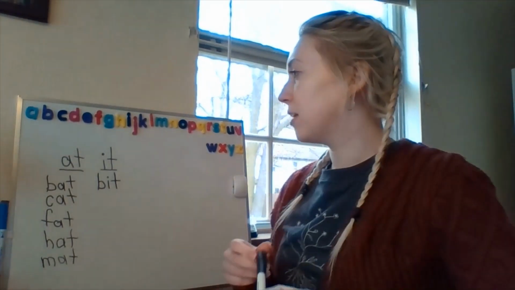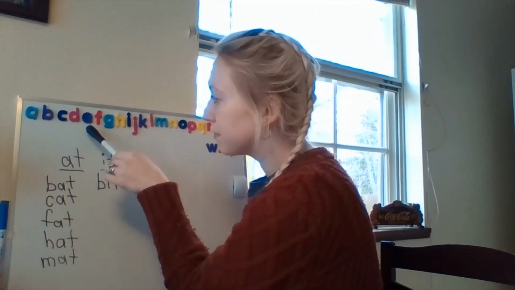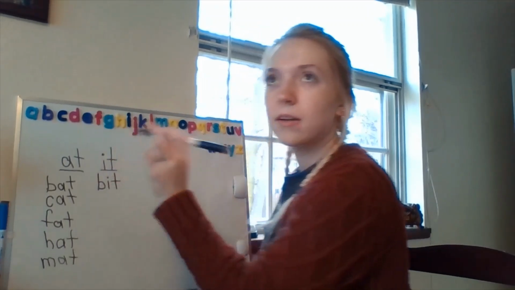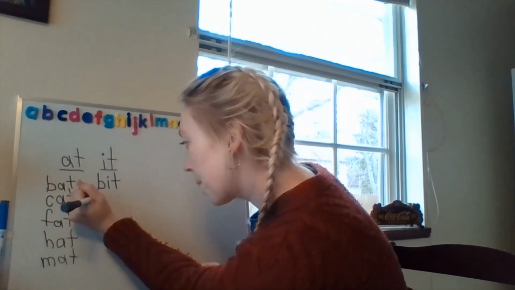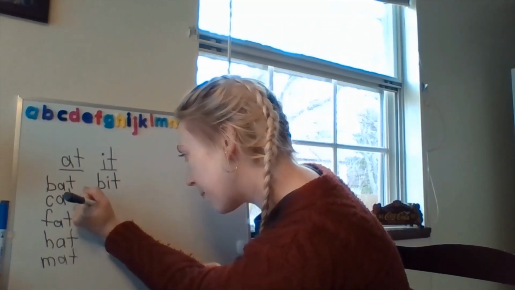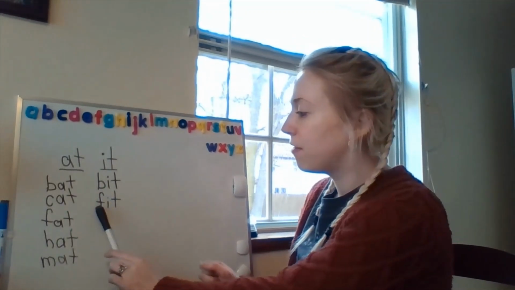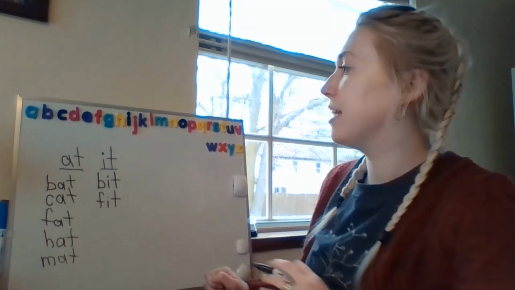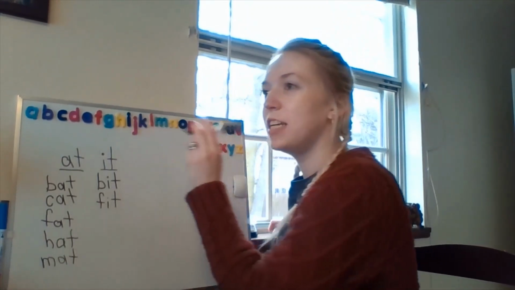Let's keep looking at our letters. What if I add an F to my word? I want you to think in your head. Think about if that makes a word. Let's sound it out. It. Fit. That's the word fit. Let's see. Can we add a G?